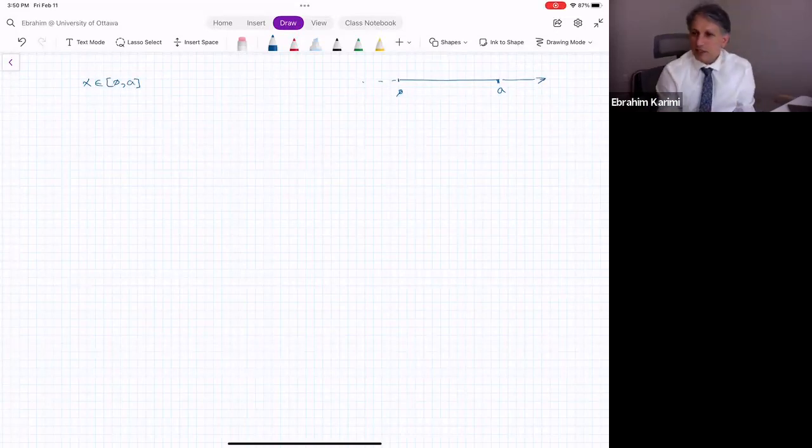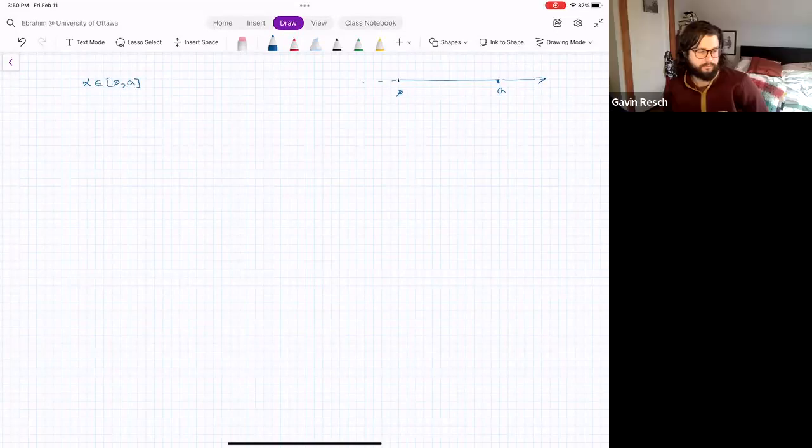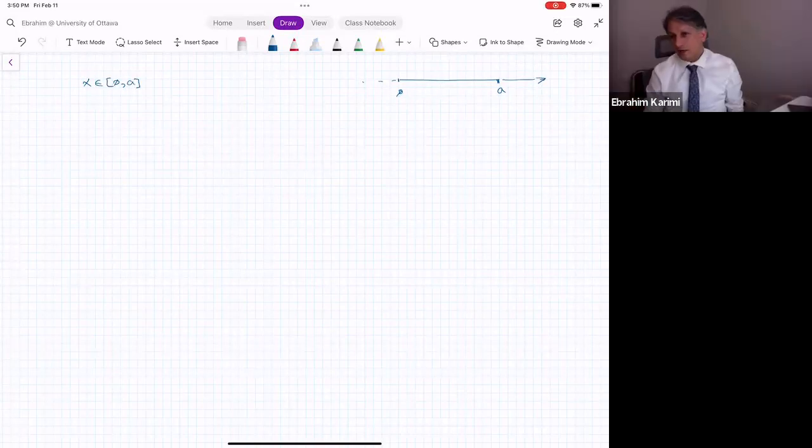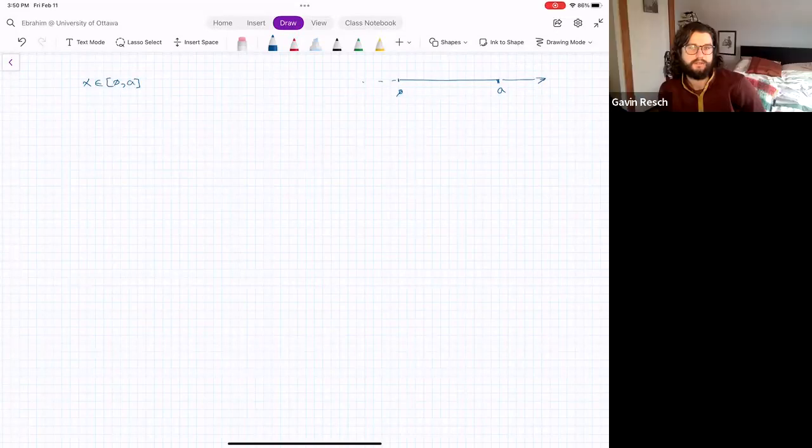When I say oscillatory, the first thing that comes to your mind is Fourier transform. What are the Fourier transform bases? Sine and cosine. Exactly. Let's go with sine.